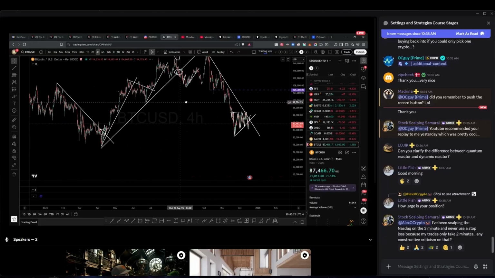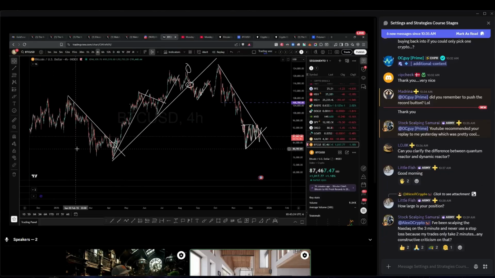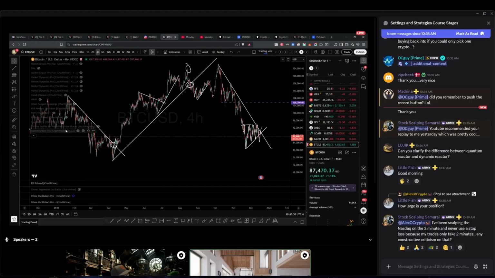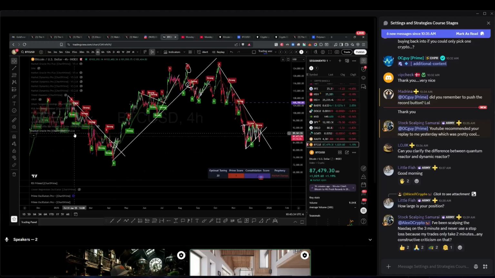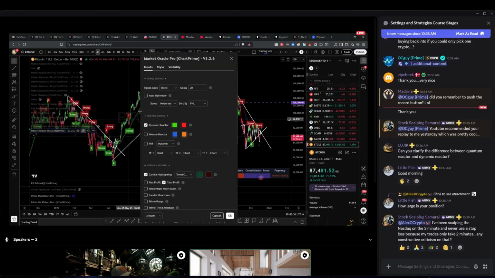All right. Long story short, now that you have your trends, not your trades, right? You're going to be adding your indicator like this. Okay. Remember, you already have trend or trendy, whatever this is, right? And your dynamic reactor.